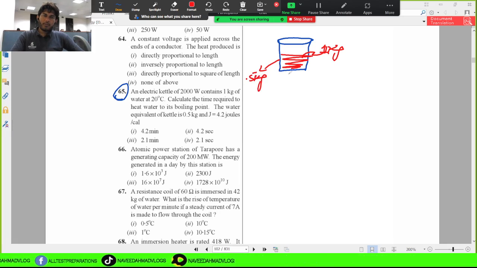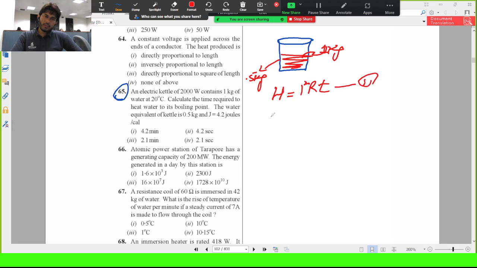So we have two formulas. One is the heat produced by electric current, I square RT. And we have another formula, that is H is equal to MS del T.